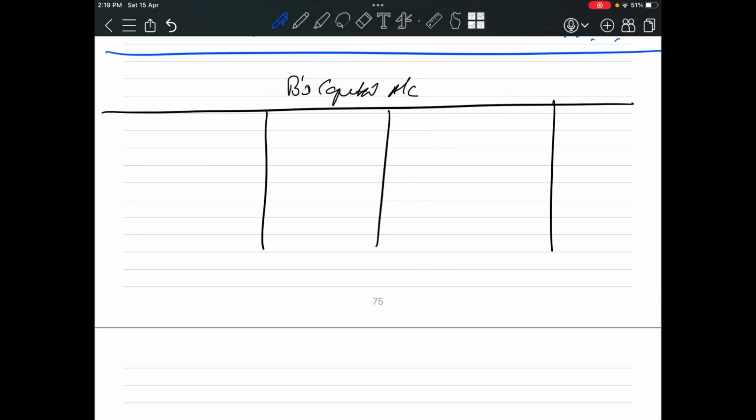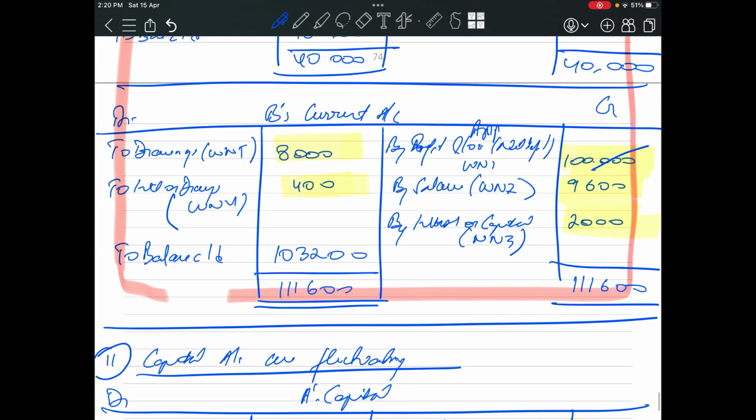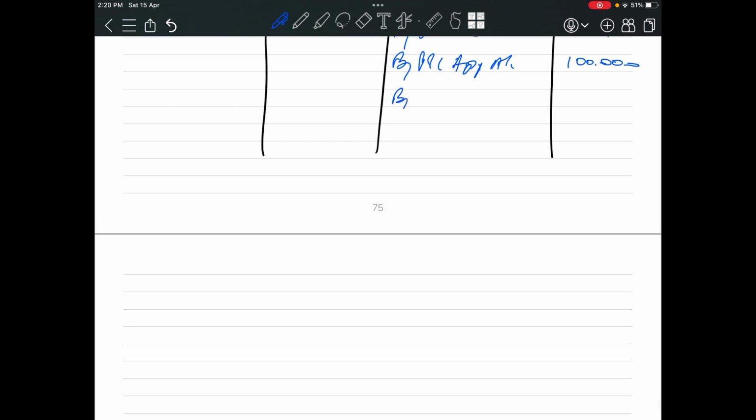First is the balance of capital account, by balance B/D, how much? 40,000. By P&L appropriation account, how much? 1 lakh. By salaries is 9,600, by interest on capital is 2,000.